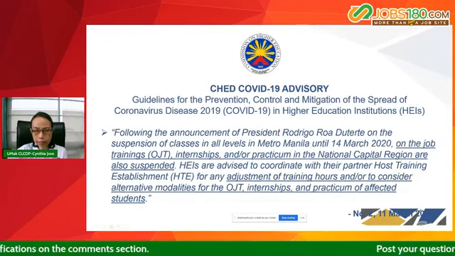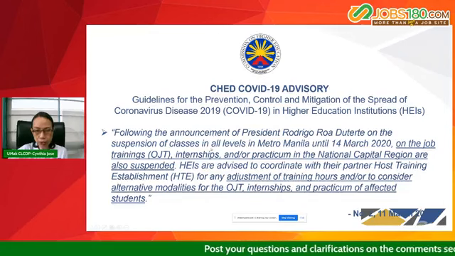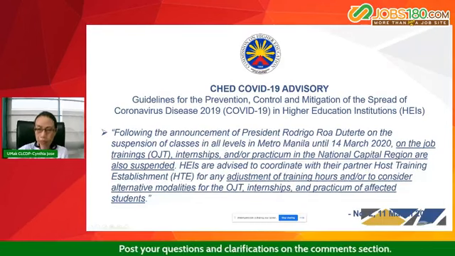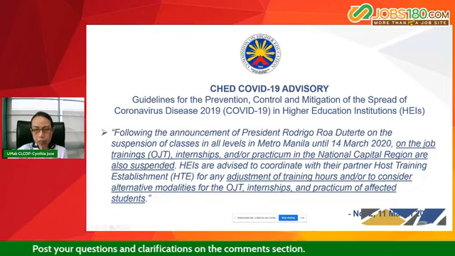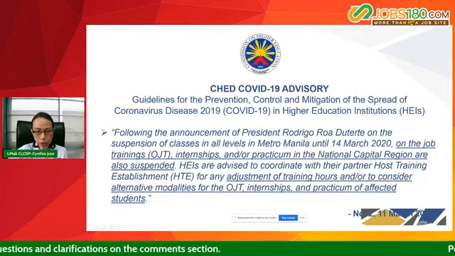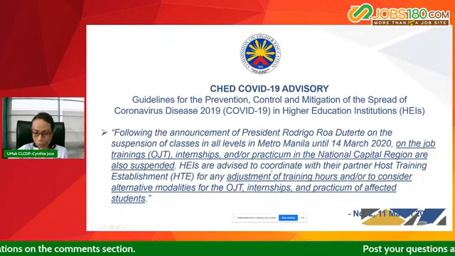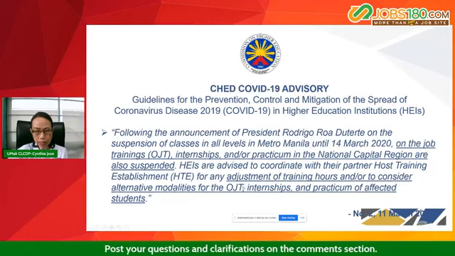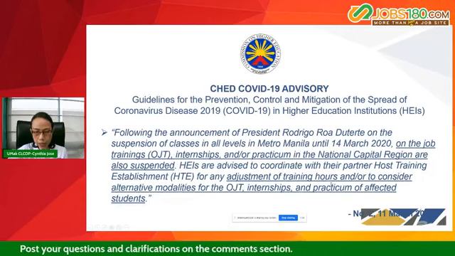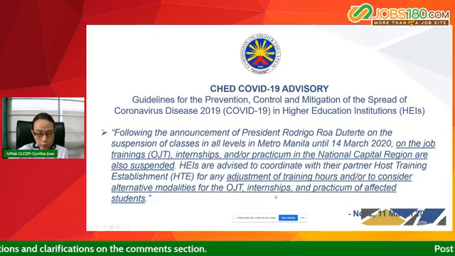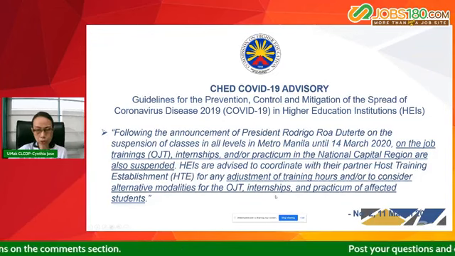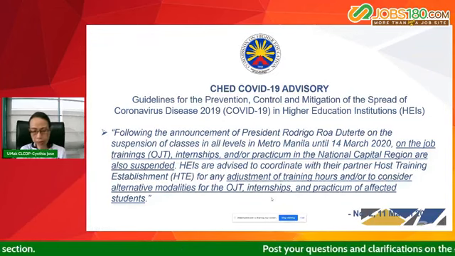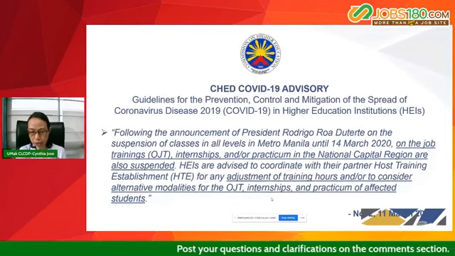And so in that advisory, President Duterte announced the suspension of classes in all levels of Metro Manila, initially until March 14, including on-the-job training, internships, and/or practicum in the NCR. CHED also advised HEIs to adjust the training hours and/or to consider alternative modalities for OJT internships, practicum, of affected students. So this was the first advisory.